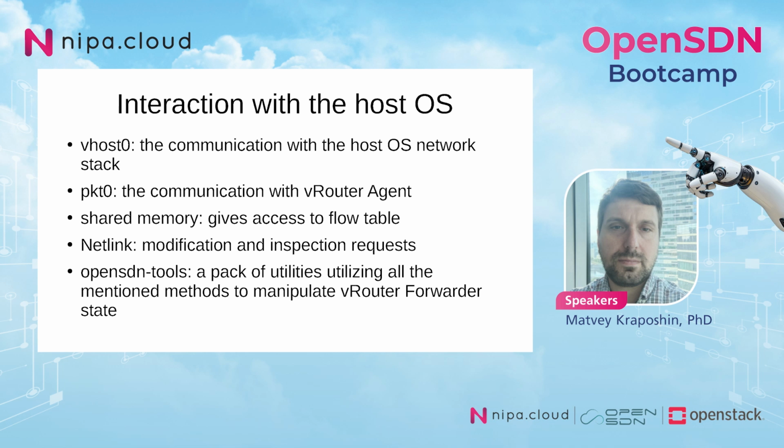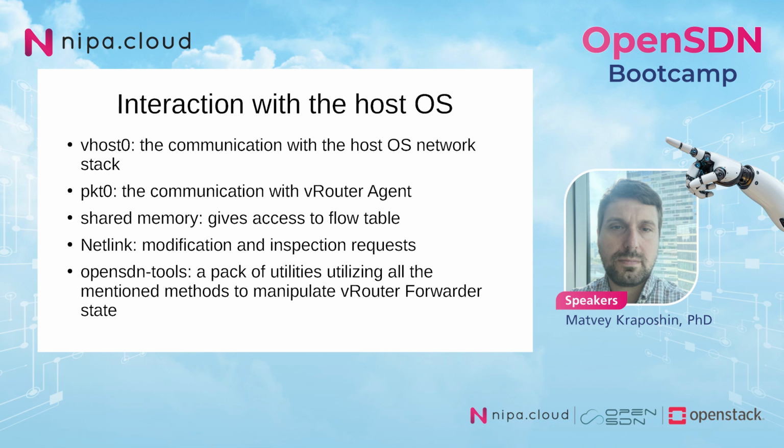Then there is a mechanism which is called shared memory. It is configured using the mmap system call. If one of you is familiar with Linux system calls, then you have heard about the mmap system call.